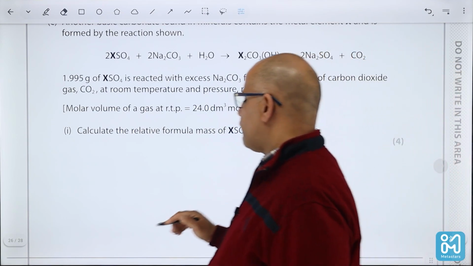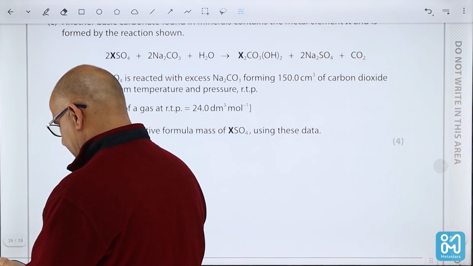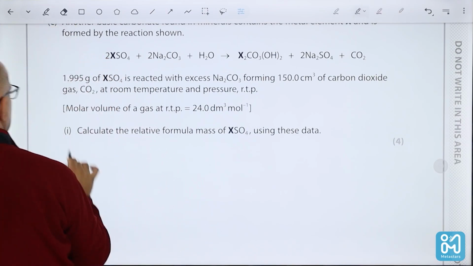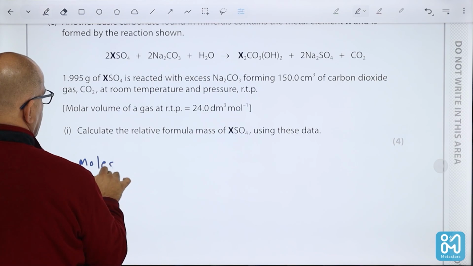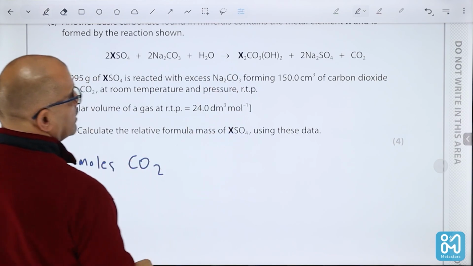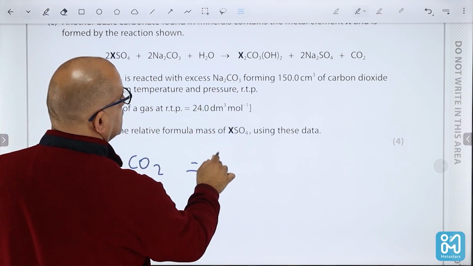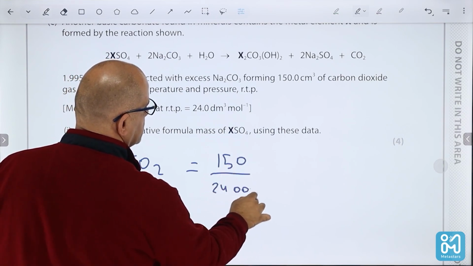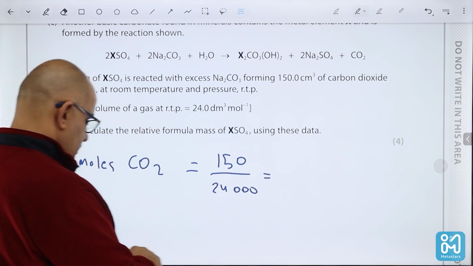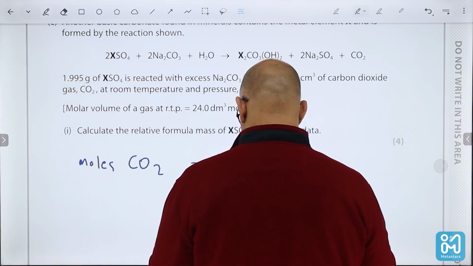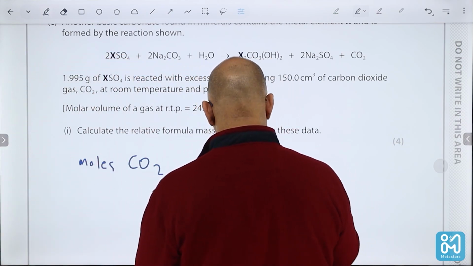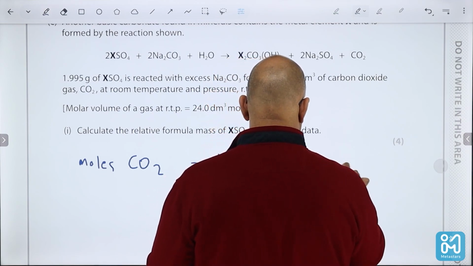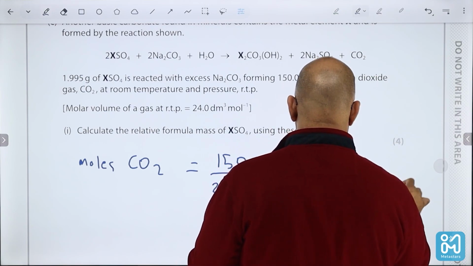First of all, we can find the number of moles of carbon dioxide: 150 over 24,000 gives 6.25 times 10 to the power negative 3 moles.